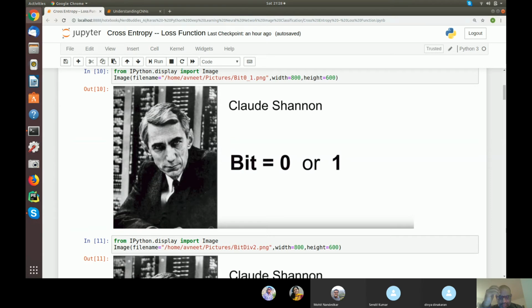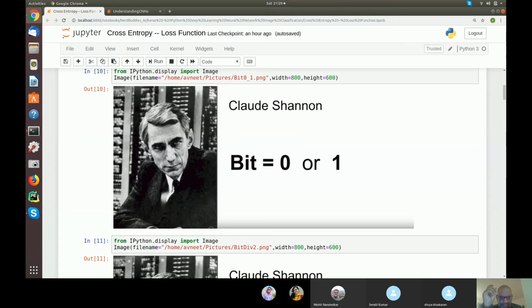Similarly, if you have 4 possible outcomes that are all equally likely, if you want to transmit somebody the outcome of any one of them, you can encode them as 0 0, 0 1, 1 0, 1 1.